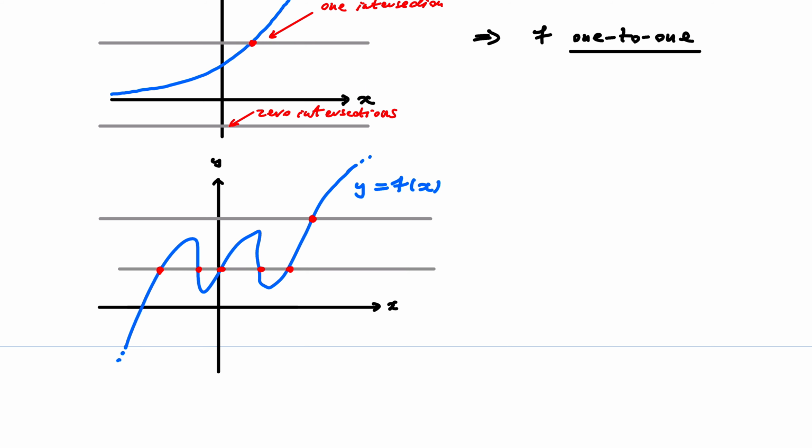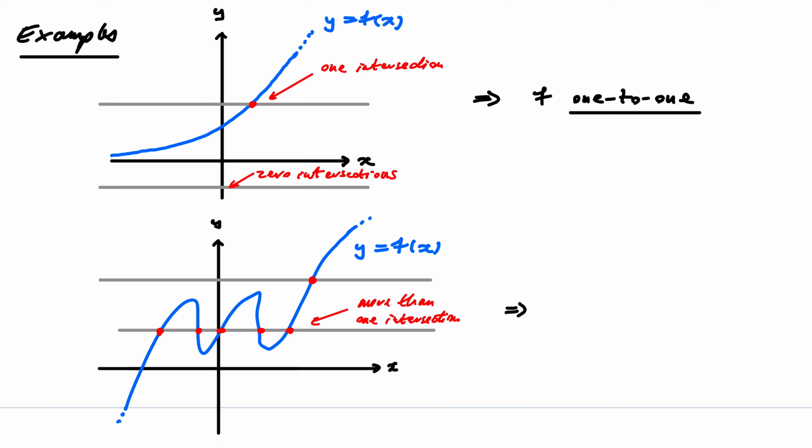So here, more than one intersection. So that means I immediately fail the horizontal line test. I'm not one-to-one. F is not one-to-one.